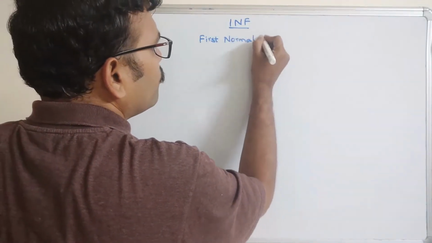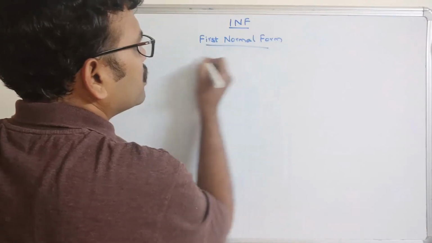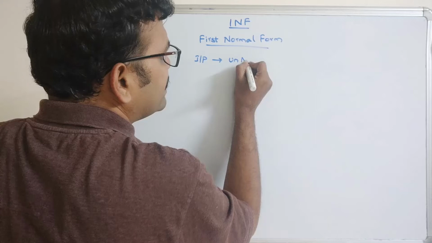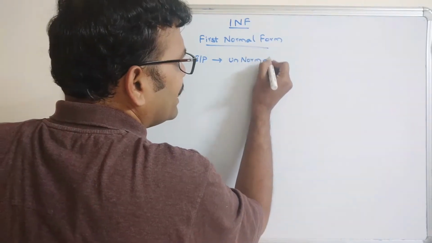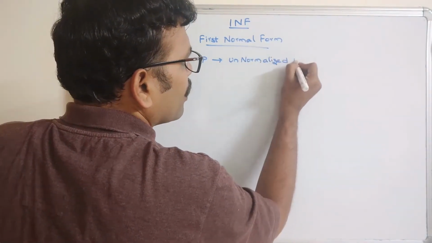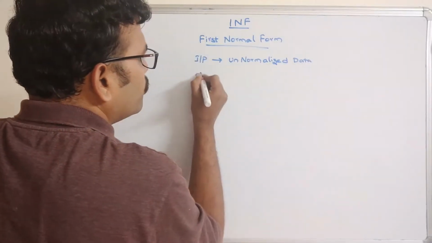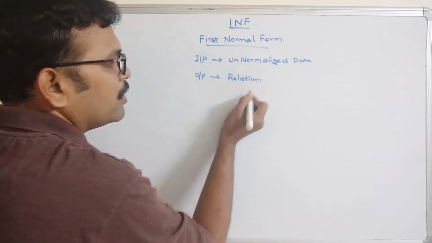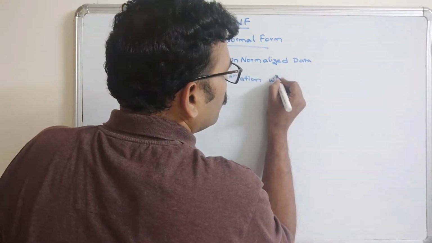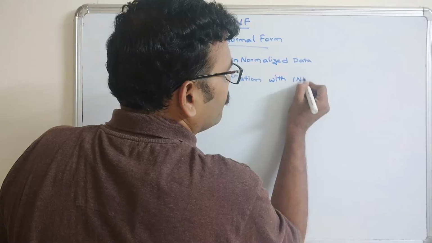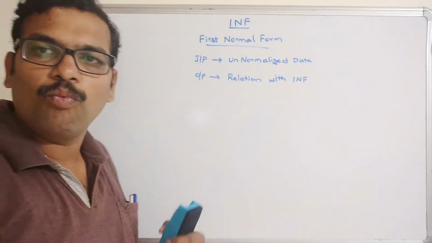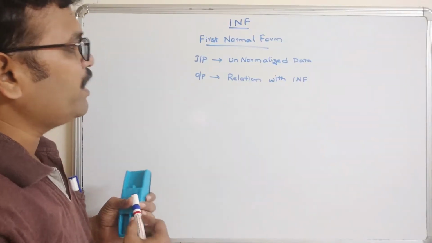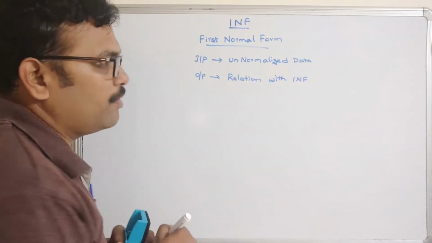The input for this is unnormalized data, and the output will be a relation satisfying 1NF. So we'll see how we can say the relation is in 1NF.